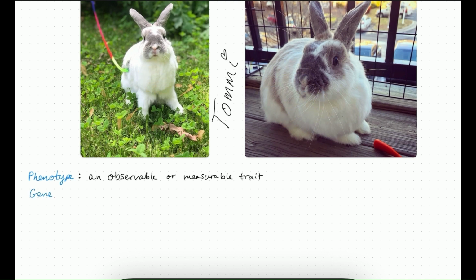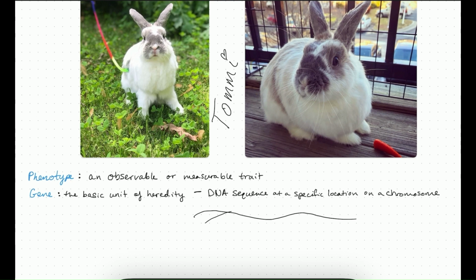Gene. A gene is the basic unit of heredity that consists of a DNA sequence at a specific location on the chromosome, such as the segment of DNA that codes for Tommy's fur color or whisker length. An allele is an alternative form of gene that differs in DNA sequence.